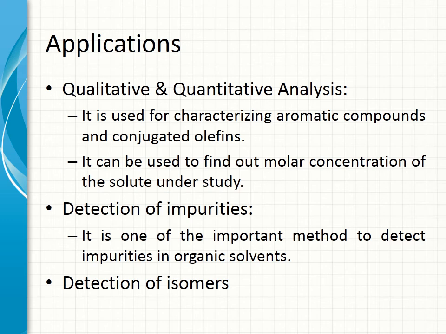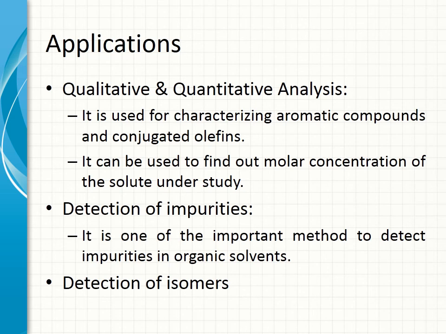So by looking at the characteristic absorbance of a given substance, we can find out what type of functional groups or what type of aromatic compounds are present in a given substance. This could also be used to find out the molar concentration of a solute. We have looked at it previously by using Beer's law. By using the extinction coefficient and experimentally determining the absorbance, we can calculate the concentration of a given substance.